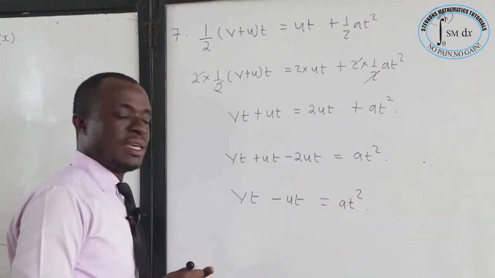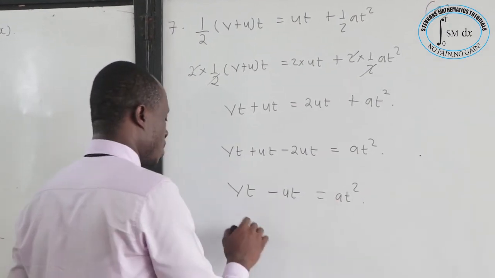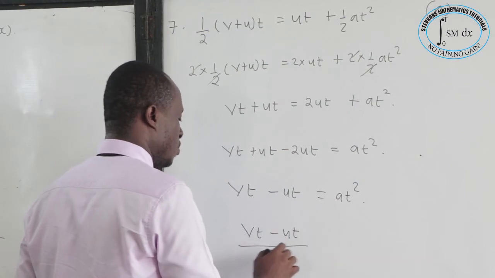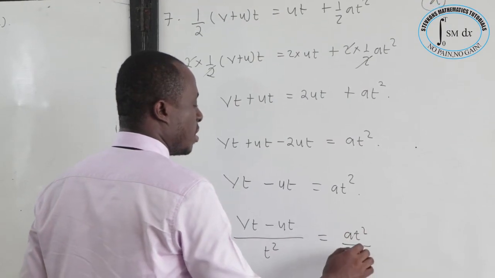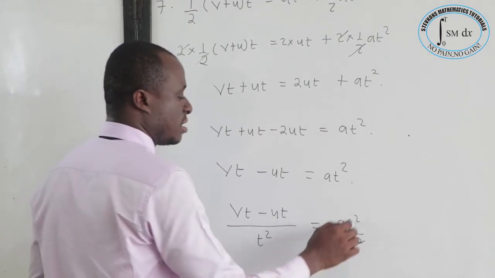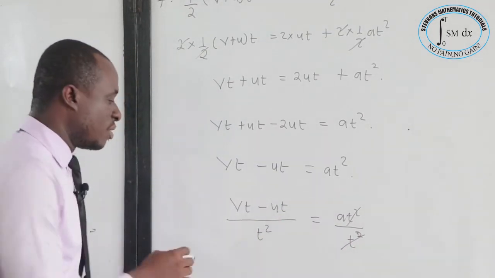We want to make a the subject, so we divide through by what is multiplying it, which is t squared. So we have vt minus ut all over t squared equal to at squared all over t squared. Clearly this t squared is cancelling out that t squared. Now we can factorize t out from the numerator.